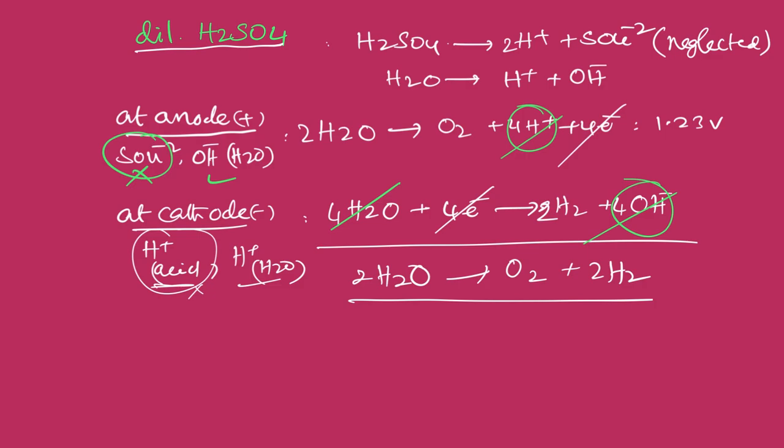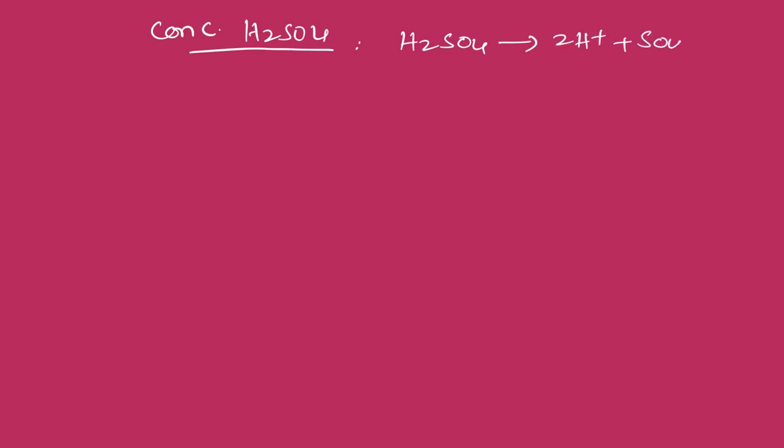Next, at the cathode, taking concentrated H2SO4. This concentrated H2SO4 ionizes into 2H+ and SO4 2-, and H2O ionizes into H+ and OH-.